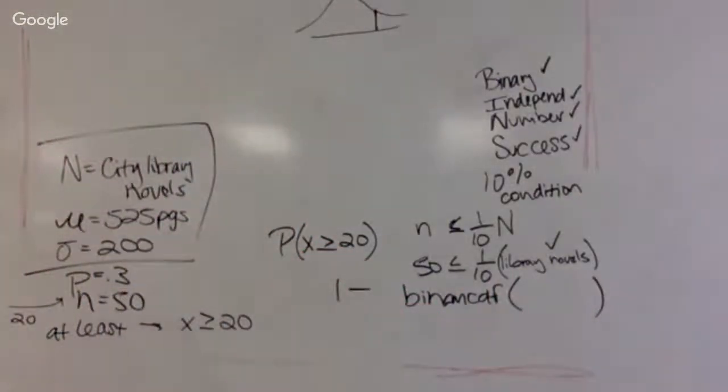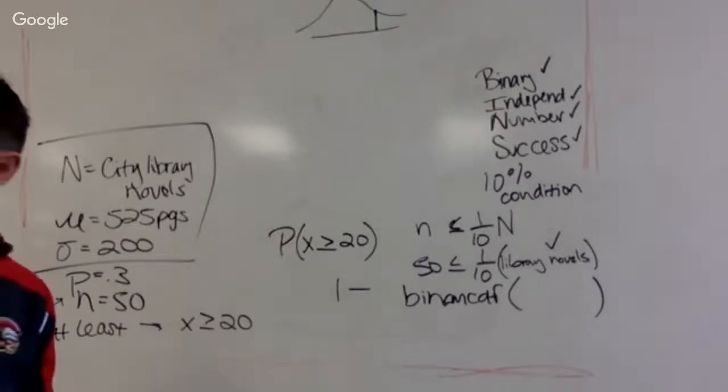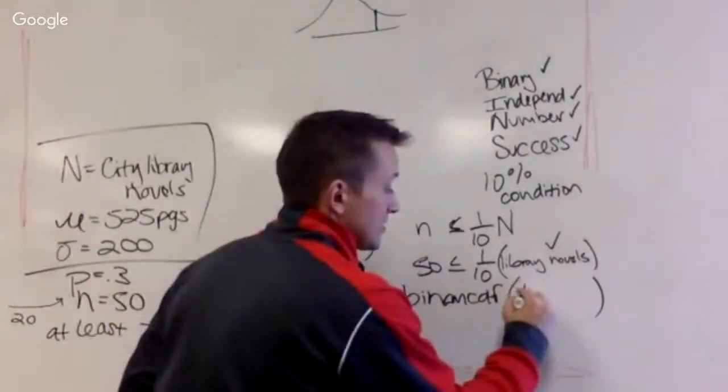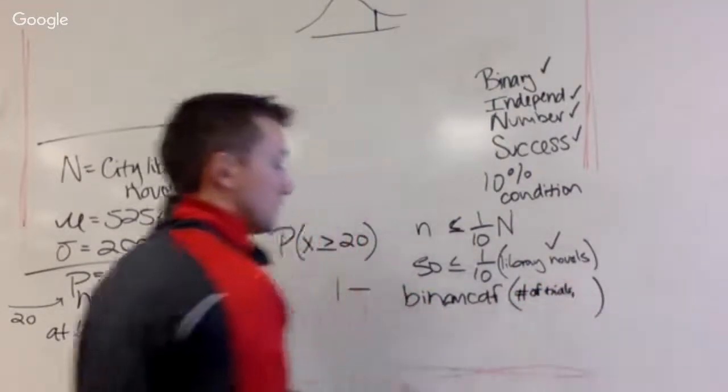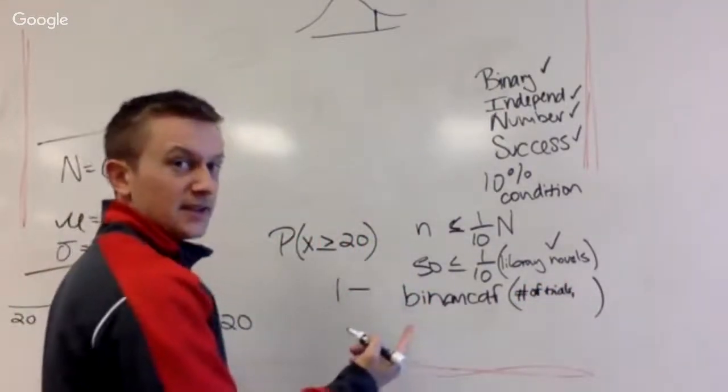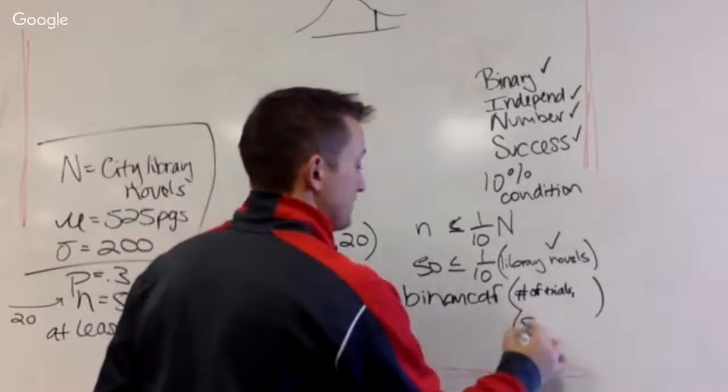What do I put in the first value there on binom CDF? I think this one's just a little bit different. It's the number of trials, and again, you have to actually write this out. So number of trials, which would be little n, right? So we would say 50.